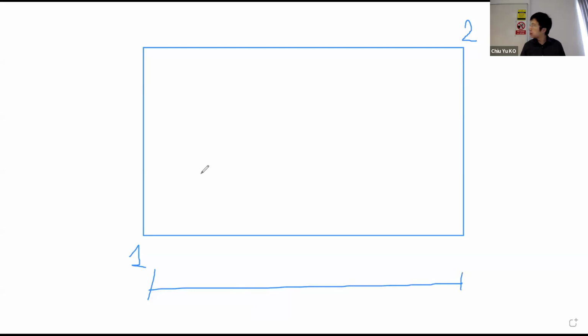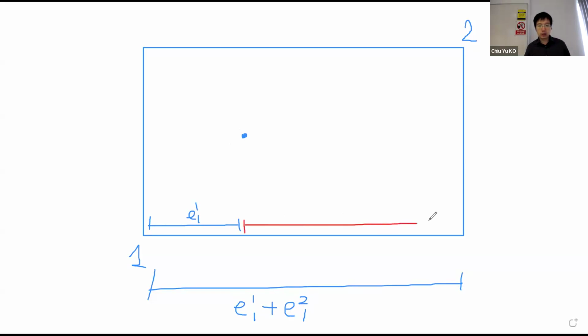You can represent the endowment as some point here. This is E11 plus E21. And this point here is E11, and here, look at this from this direction, your eye is here, this is E21.